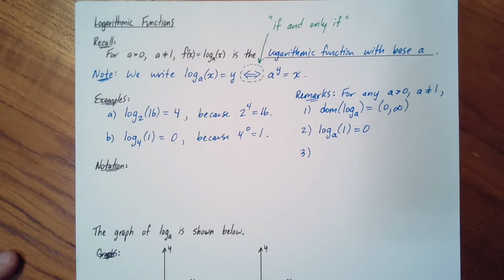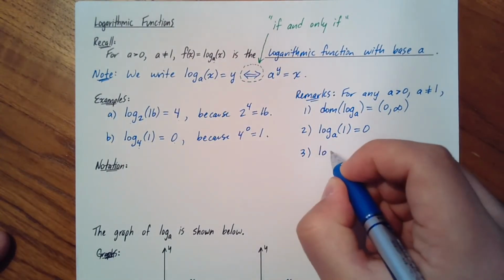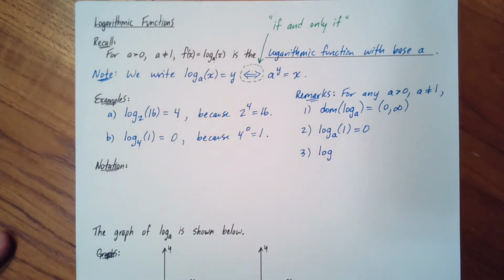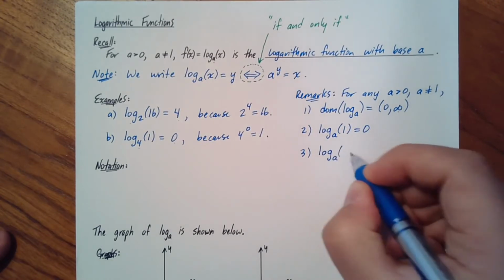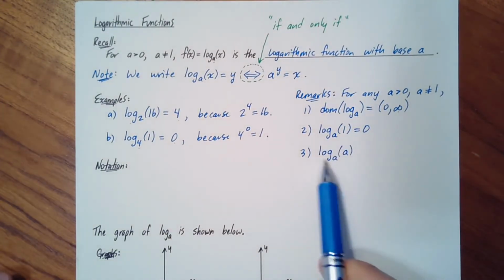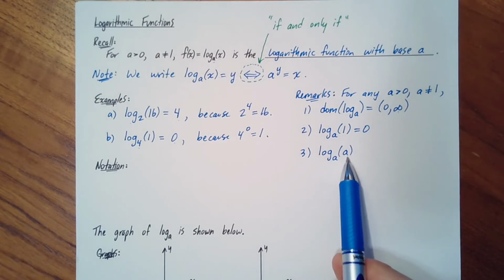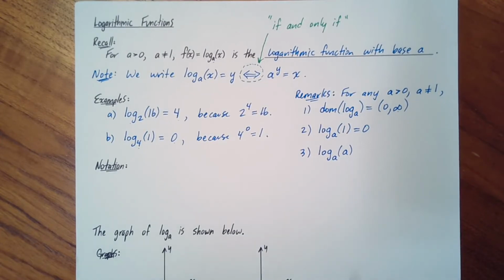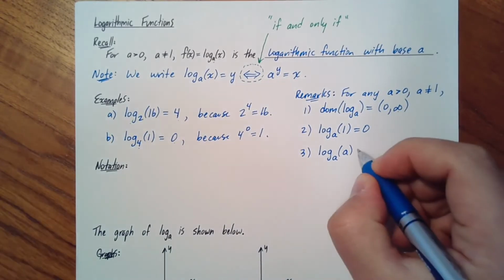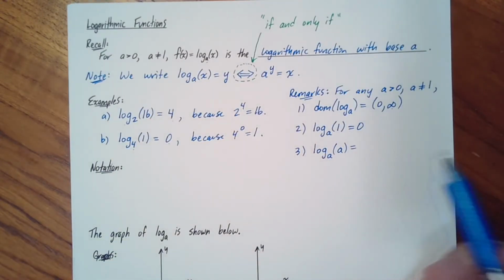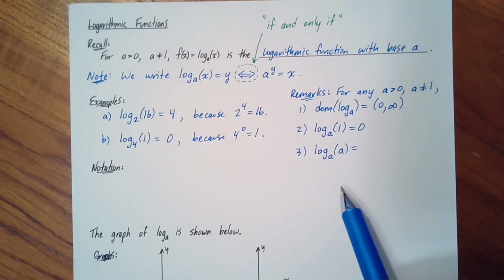What if I actually plug the base of a log into the log? So what if I actually took log base a and then I plugged in a? What would I get in this case? And it turns out you're going to get the same thing no matter what the base a is. And to answer the question of what this evaluates to, just remember, this notation asks the following question.